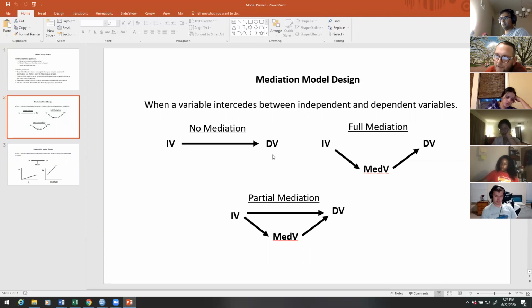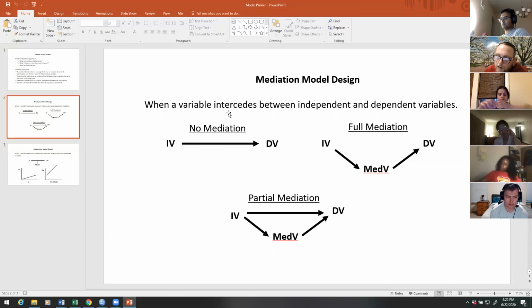We've got a dependent variable, like your y variable, and an independent variable, an x variable. And we're saying that the independent variable causes or influences or affects the dependent variable. That's like no mediation happening here. This is a significant relation. The beta is going to be something significant. It's going to be high.